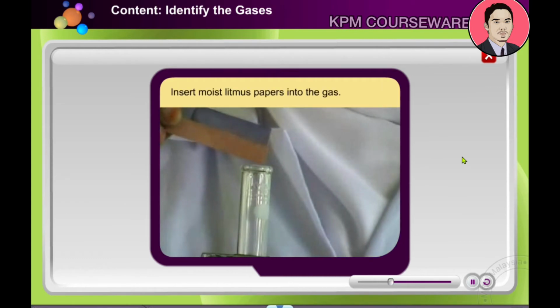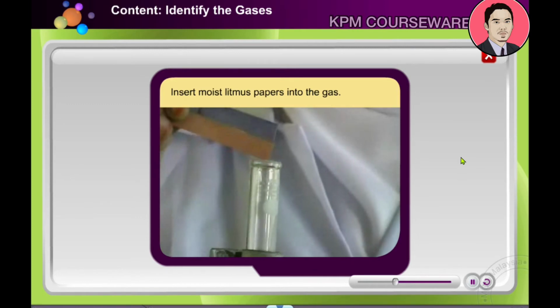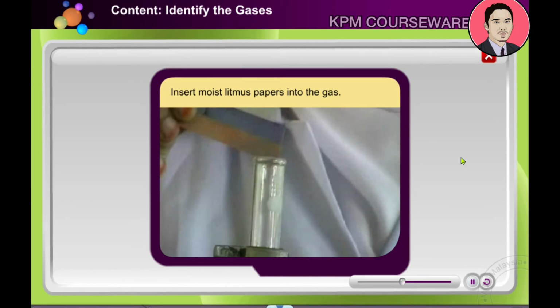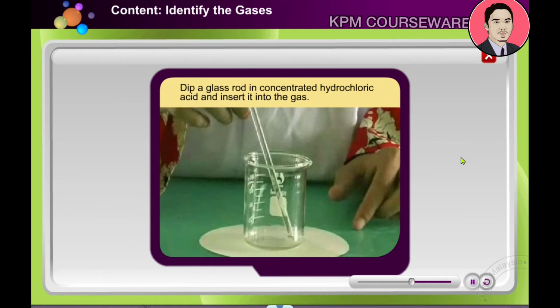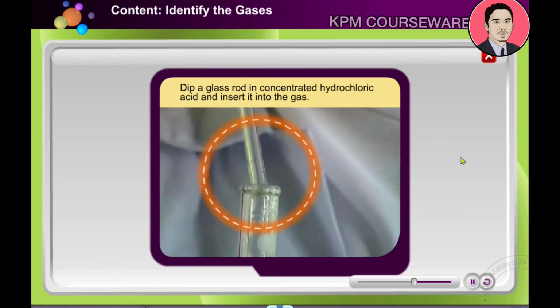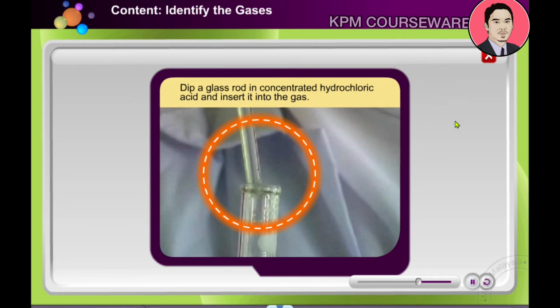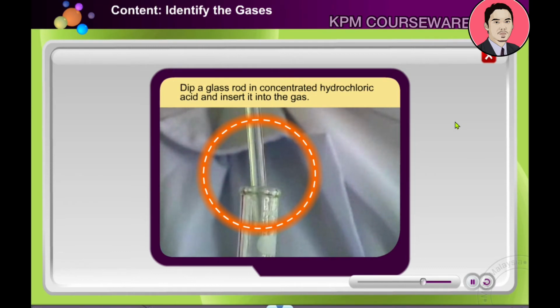Test the gas with moist litmus papers. Carefully dip a glass rod in concentrated hydrochloric acid and insert the glass rod into the gas. What do you observe?